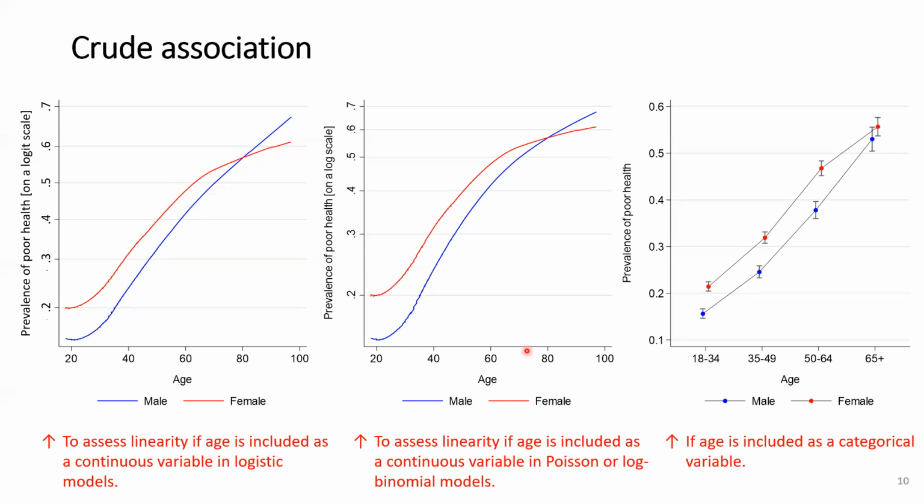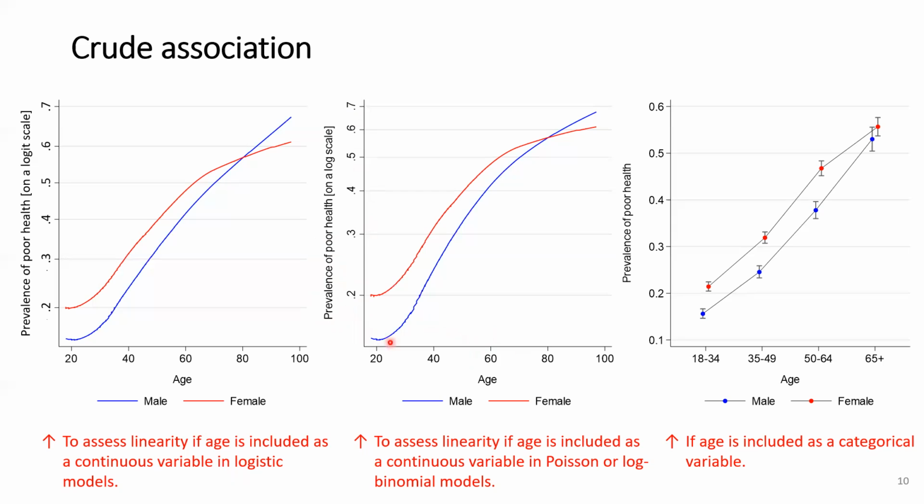And if we are going to use a Poisson or log binomial model, the left-hand side of the equation is the log of probability or log of prevalence. So we have to see the association between log of prevalence versus age. So this one, the scale is the prevalence on log scale.